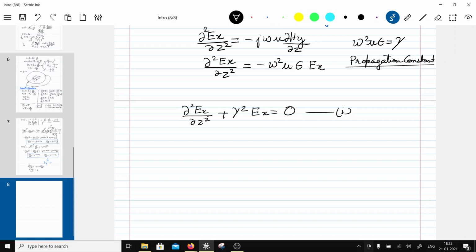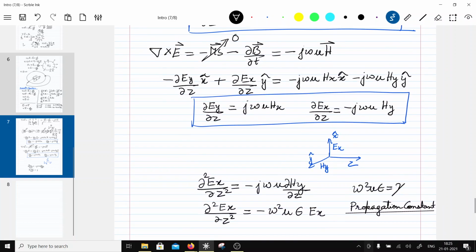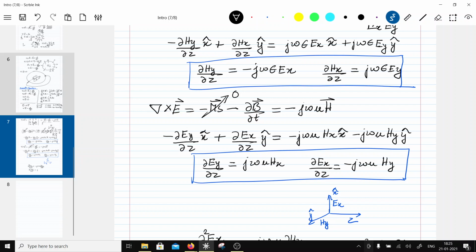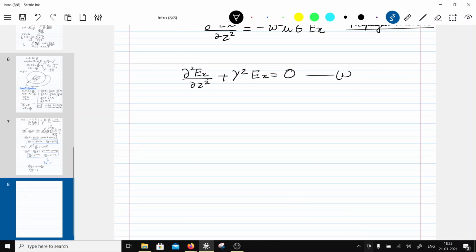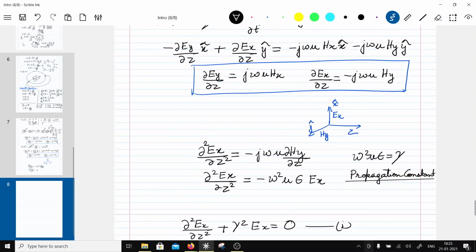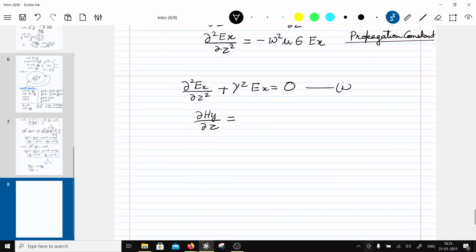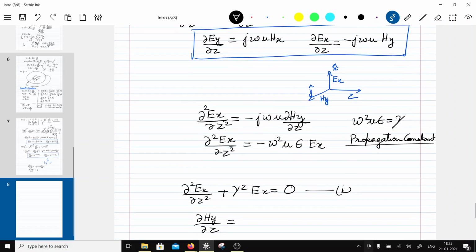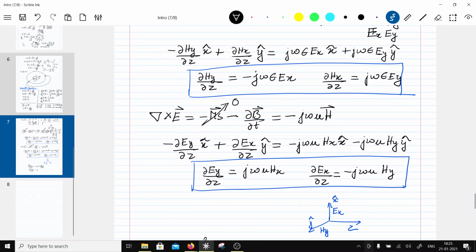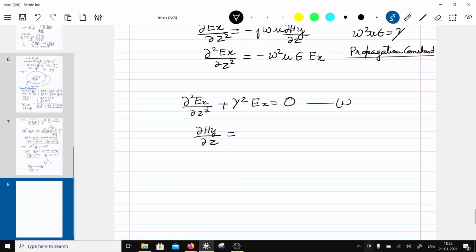Okay, so let's look at the Hy component. For Hy I'm going to take this one. ∂Hy/∂Z is equal to jωμHx. Am I right? No, it will be minus jωεEx. And if I do another derivative, it will be ∂Ex/∂Z.